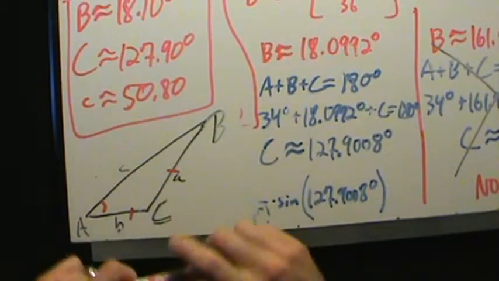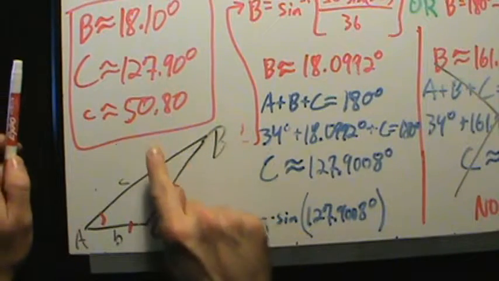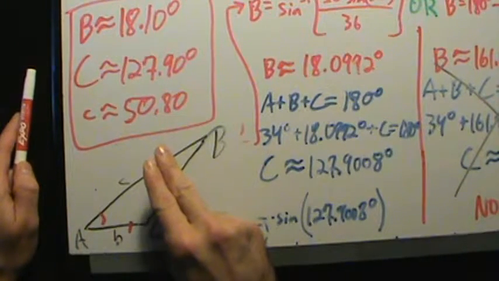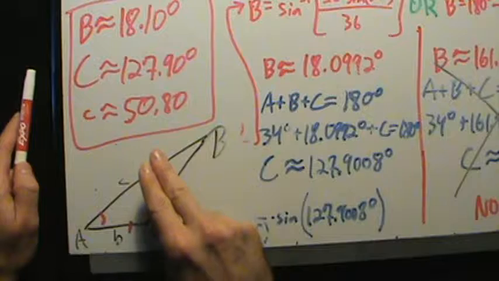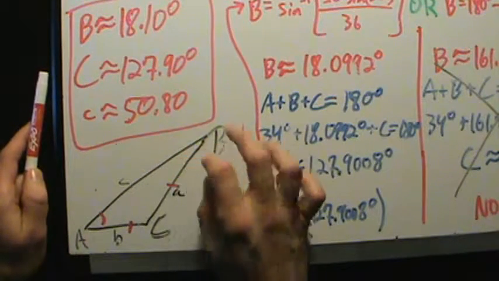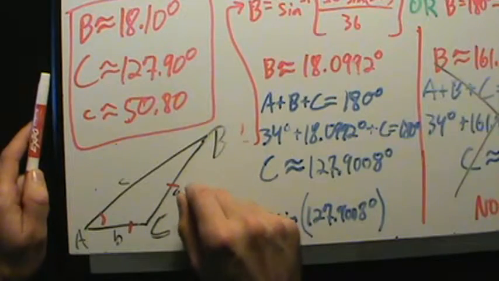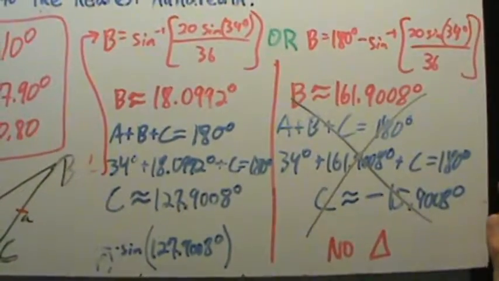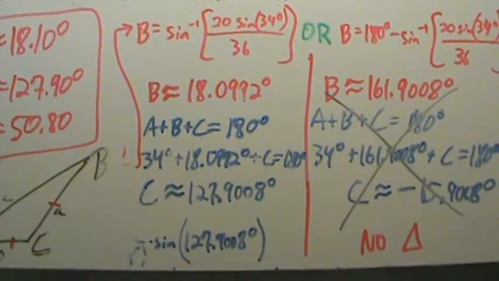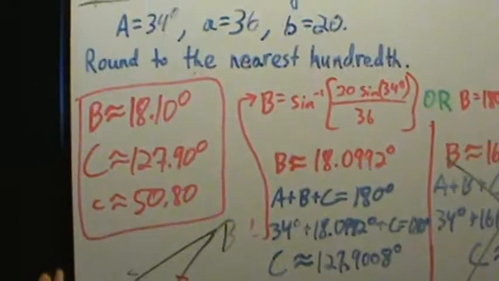So when you have the SSA case, you could have no triangle, which we saw in example 3. You could have one right triangle, which we saw in example 4. Or you could have one just more general triangle. It could be acute or obtuse, and that's what we just saw here. And in example 5, we saw the case where you could have two triangles. So SSA leads to the ambiguous case where you could have one or two triangles. And this is example 6 of using the law of sines.